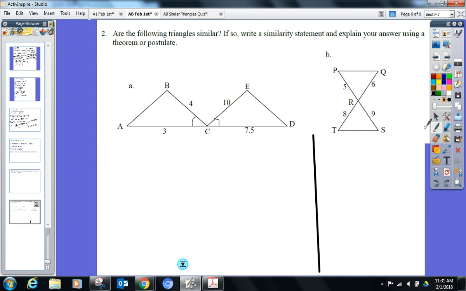Anybody got a ratio they want to set up and test? 4 to 10, is that the same ratio as 3 to 7.5? I don't know. Let's figure it out. You can cross multiply and they come out to be the same values, or just reduce them in your calculator and see if they're the same.